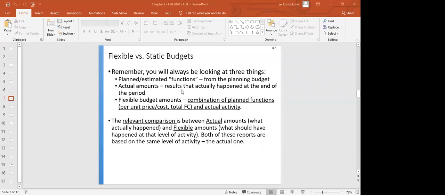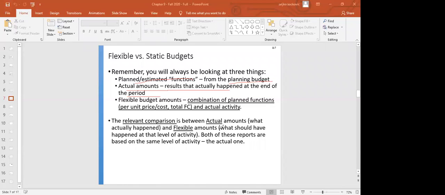When you remember you need the flexible budget, now how do I create it? Well, I use planned estimated functions from the planning budget, those $10, $3. I'm selling this for $5. I'm buying it for $1, etc. And I'm using actual amounts in terms of activity.